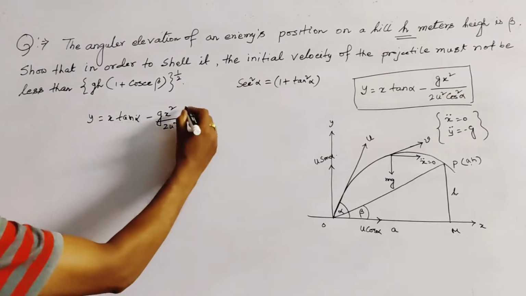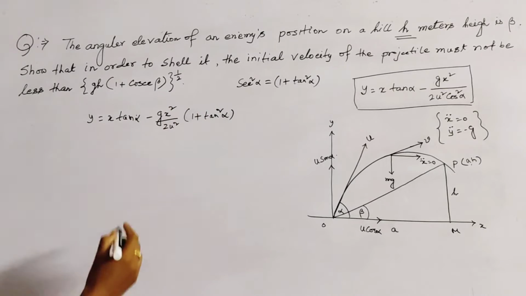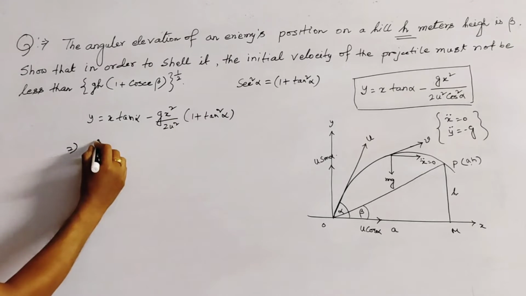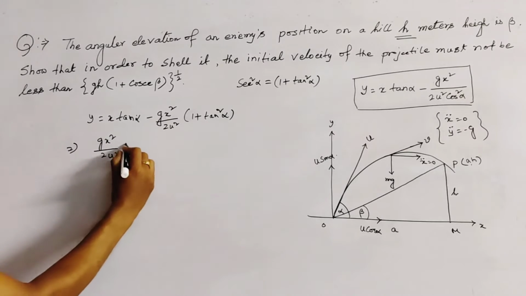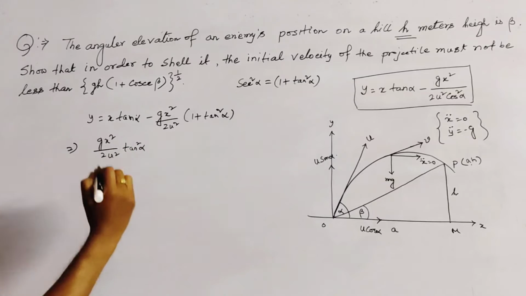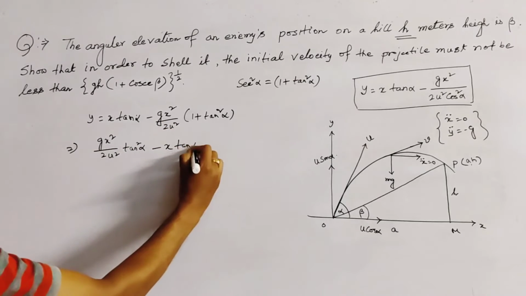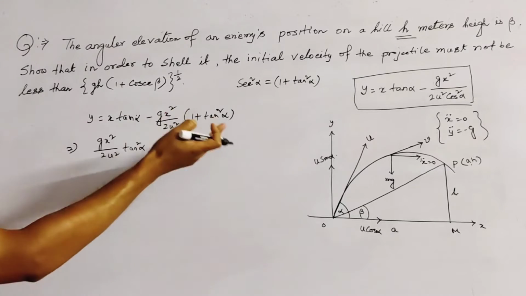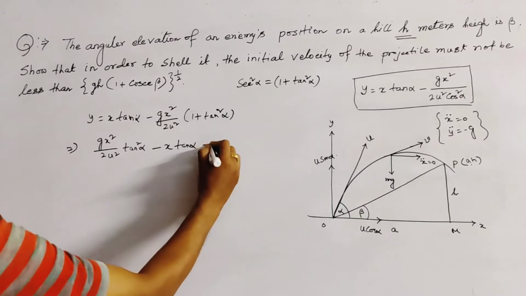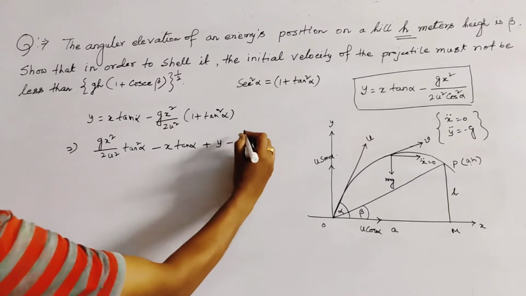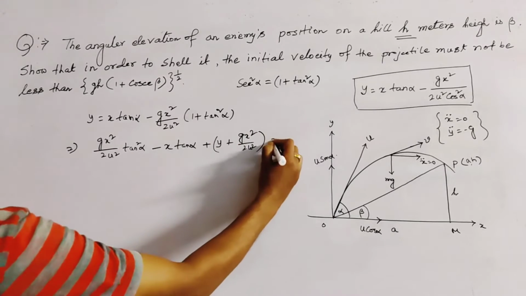Bringing all the terms to the left side, we get g x square by 2u square into tan square alpha minus x tan alpha plus y plus g x square by 2u square equals 0.